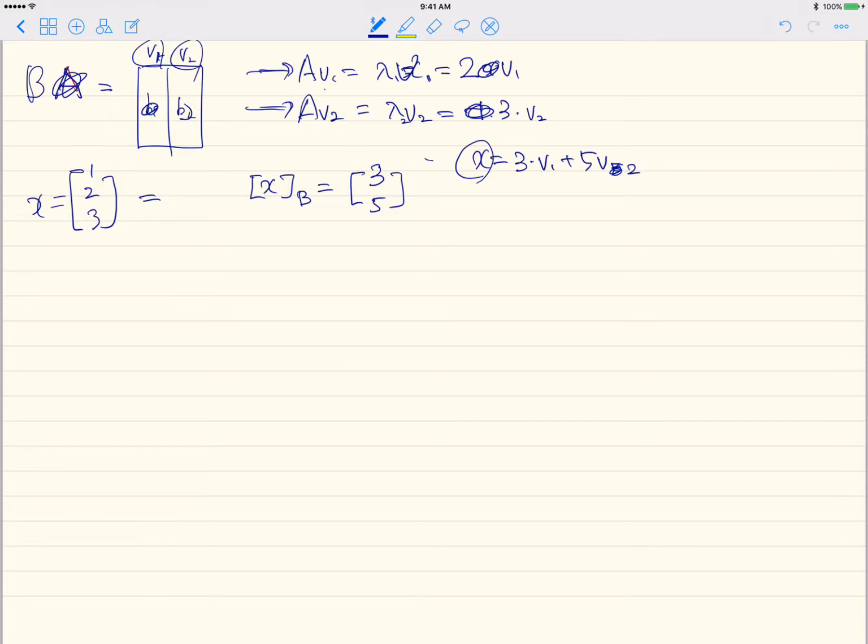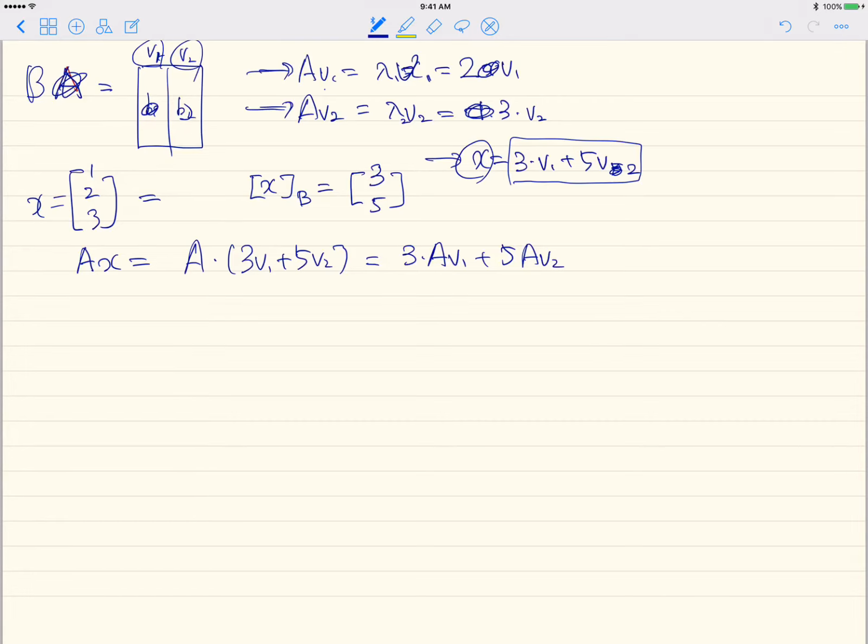In that case, once you obtain the vector x in this form, we are doing the exact same task of repeatedly multiplying by this matrix A. Let's see how this representation changes. It will be A times 3 v1 plus 5 v2, which is 3 times A v1 plus 5 times A v2.